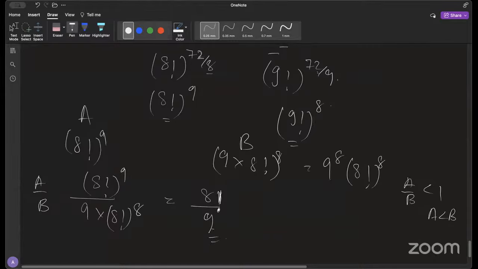So this is obviously greater than 1, because even if you just do 8 into 7, this number becomes greater than 9. Because 8 factorial to the power 8 will be cancelled. You can write it as 8 factorial to the power 8 and 8 factorial, we'll cancel these two things. You'll still be left with 8 factorial, right?